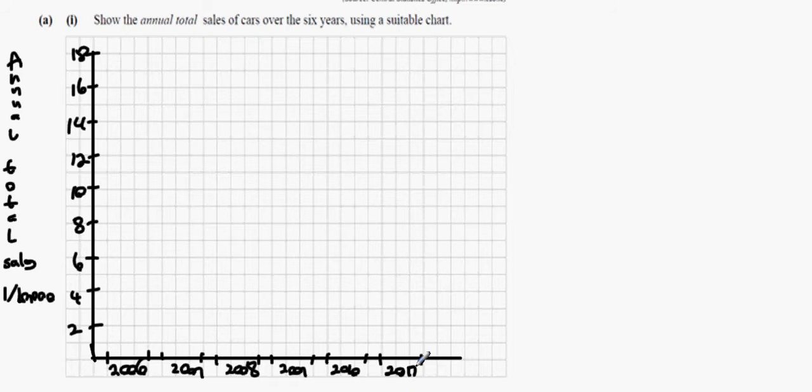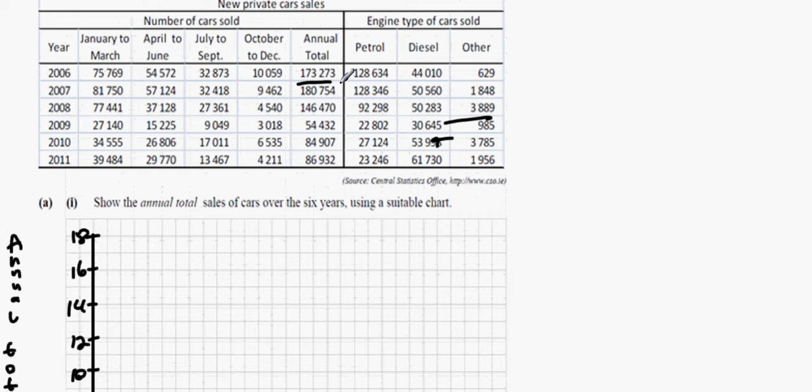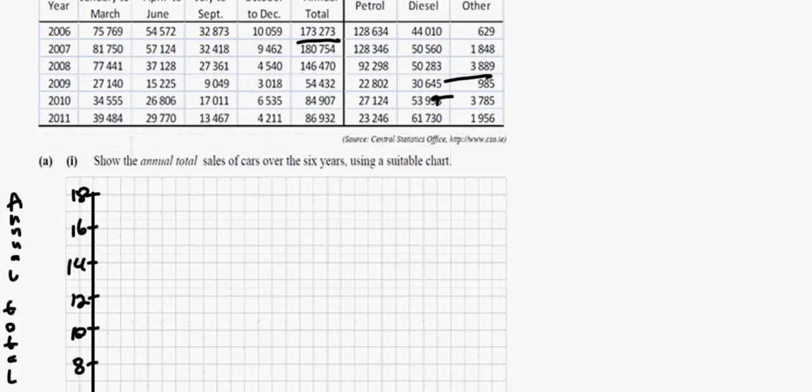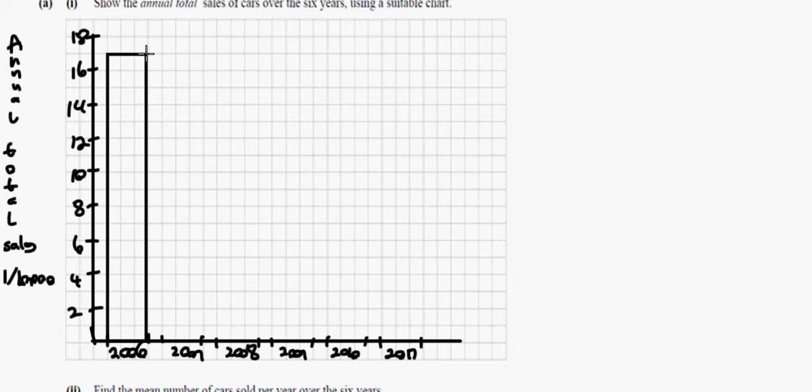Now you're just looking to do a rough estimate, okay? So look, 173,273. So it's going to be up around the 17 somewhere. So we'll just try this out here. 2006 is around 17,000, somewhere in the 17,000 bracket. There's your first one done there.